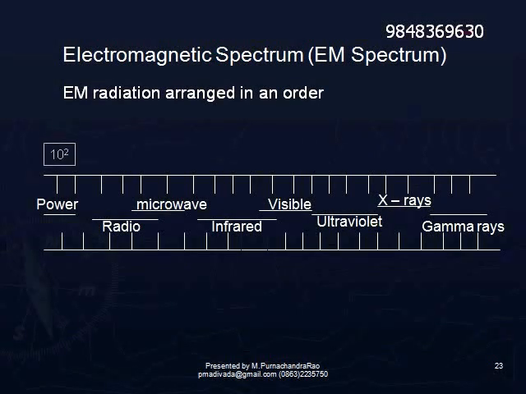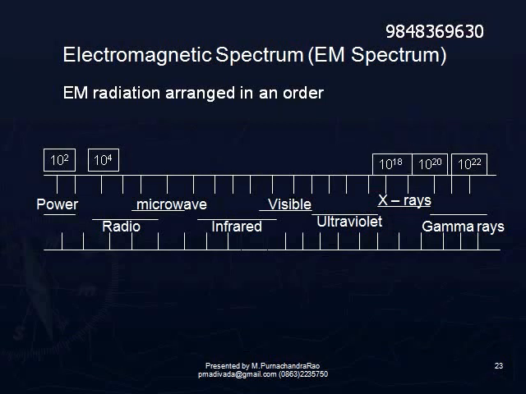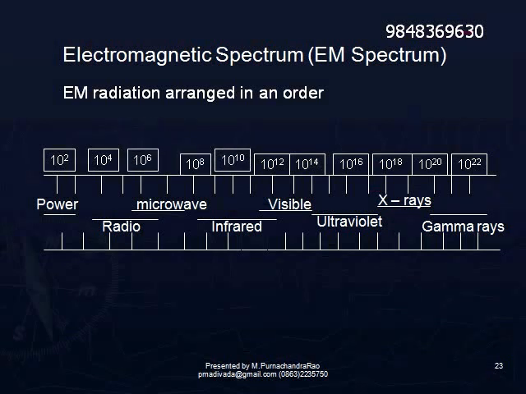These electromagnetic radiations can be represented on paper either in the increasing order of frequency, the increasing order of wavelength, the decreasing order of frequency, or the decreasing order of wavelength. Any of these arrangements is known as an electromagnetic spectrum.